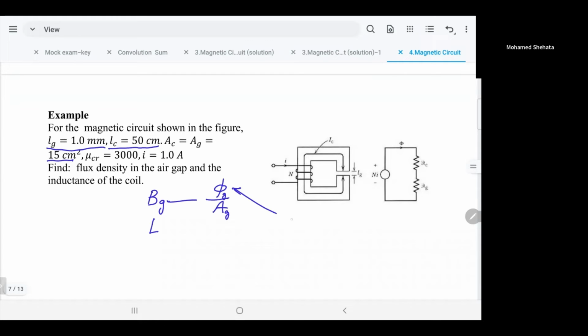The MMF, magnetomotive force F, which is equal to NI, is like voltage, and it is equal to the flux times the reluctance. That's the equation that will help you. So you start from the reluctance of everything. Then when you find the reluctance, you have N, you have I, and then you get the flux. Then you find the flux density. That's how you get the first requirement.